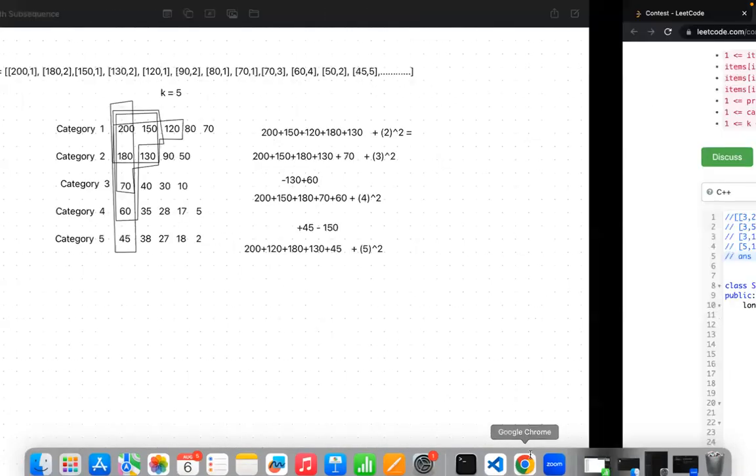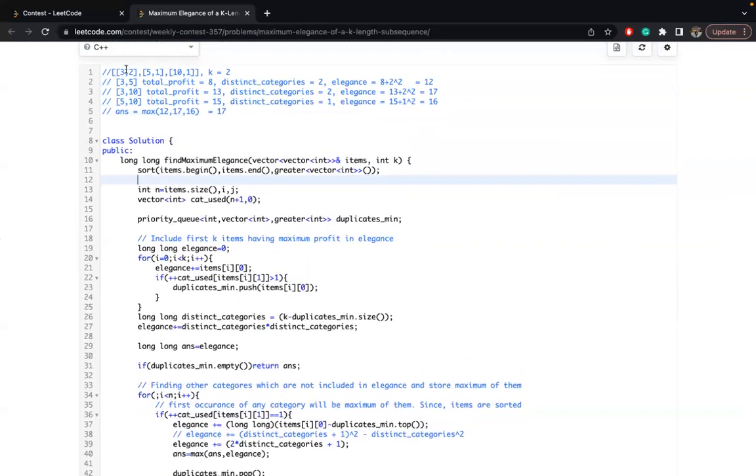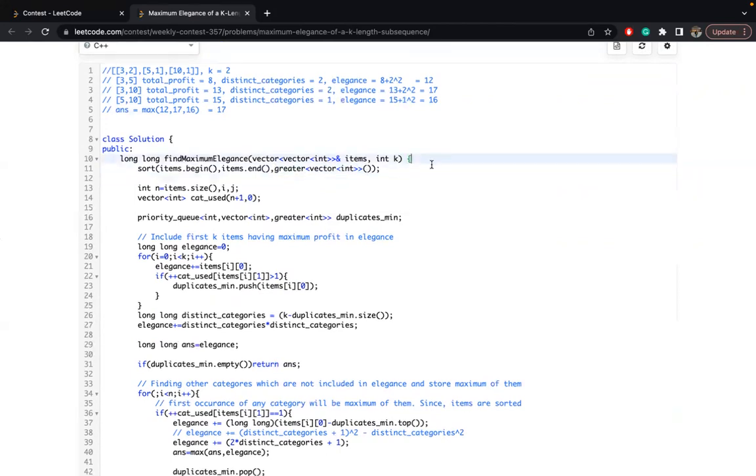So how I have implemented this. First thing first, I have sorted items based on their profit. The first item is profit, so it will be sorted according to profit in a non-decreasing manner, right?